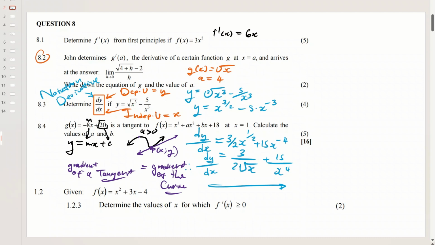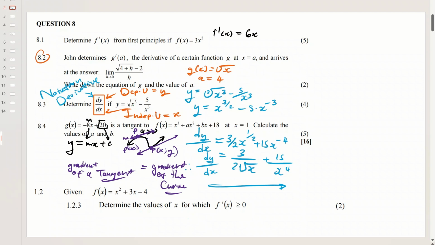So where the tangent happens, the gradient of the tangent and the gradient of the curve at this point will not be the same as at that point there. Right? So only at that point are the gradient of the tangent and the gradient of the curve exactly the same, guys.